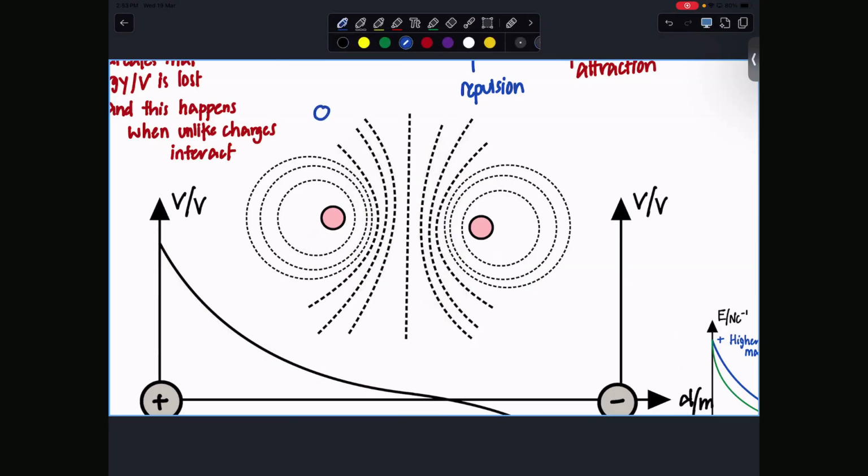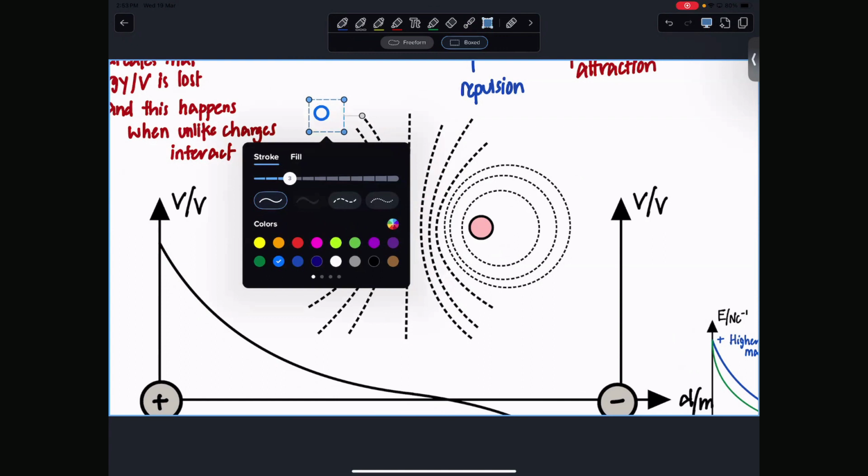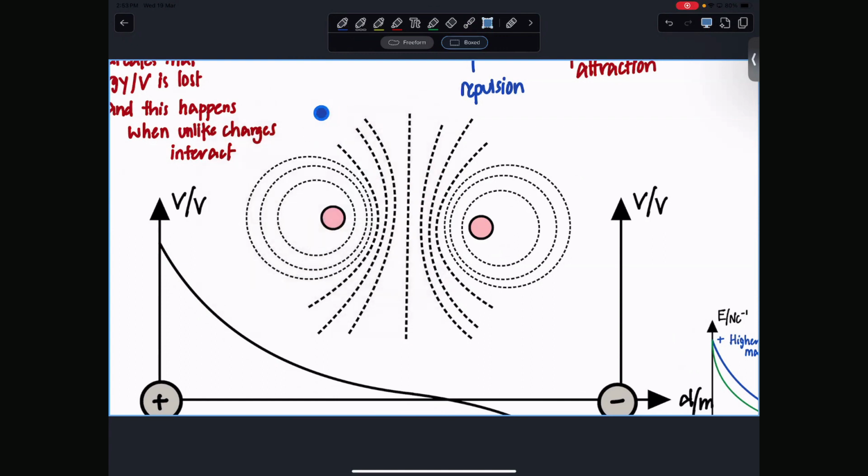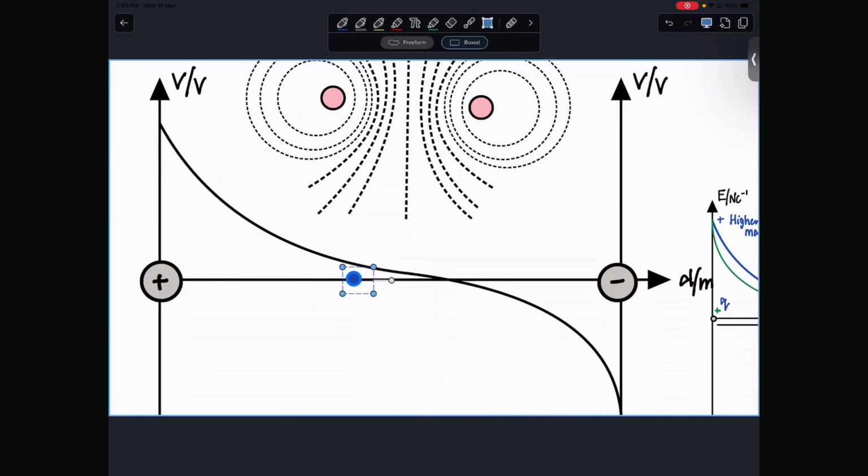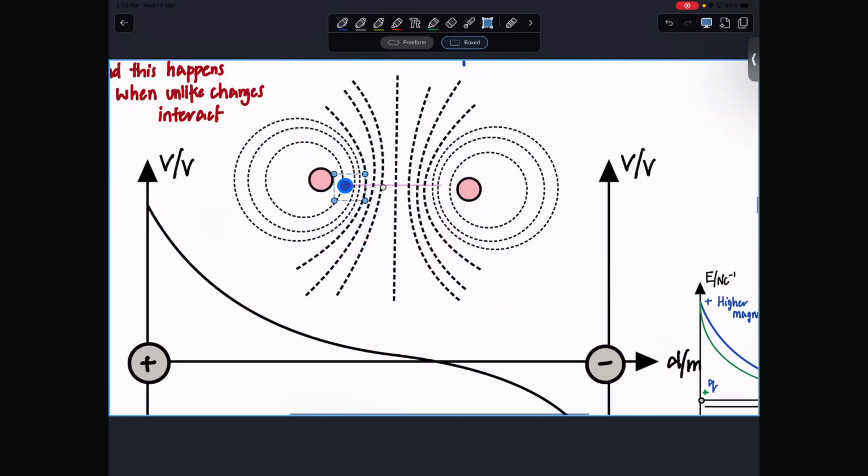Let's say you're a charge here and you're traveling from this side to that side. Work is done on you or by you, right? So look what happens. As I go further away, am I gaining potential energy or losing potential energy? Losing. So you keep losing. And the moment you cross this, it's like you're crossing the infinite line for the other charge, because the potential value is 0.